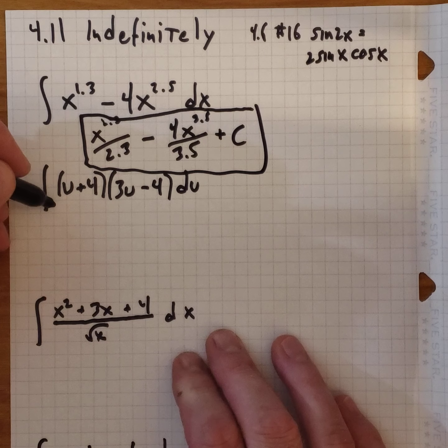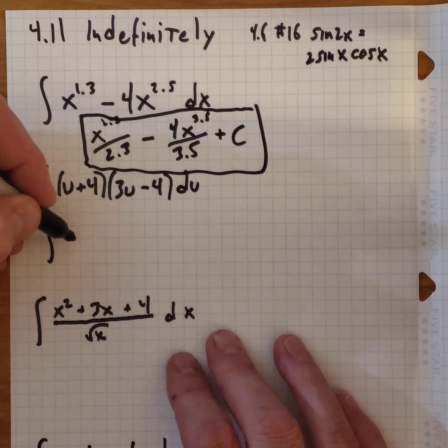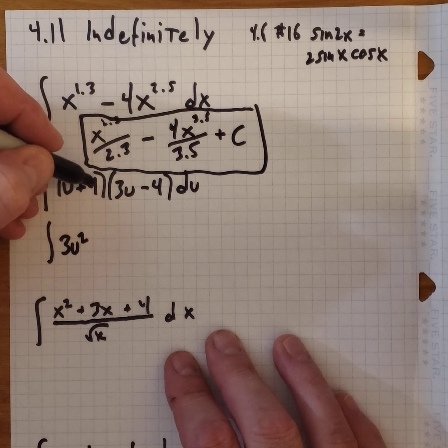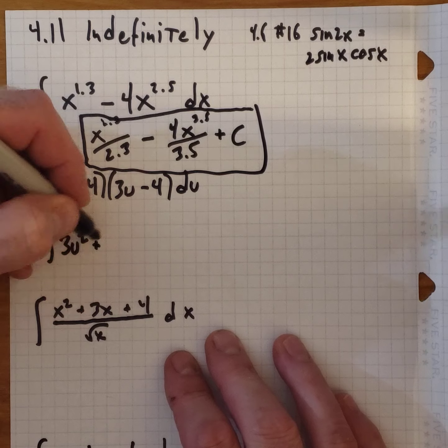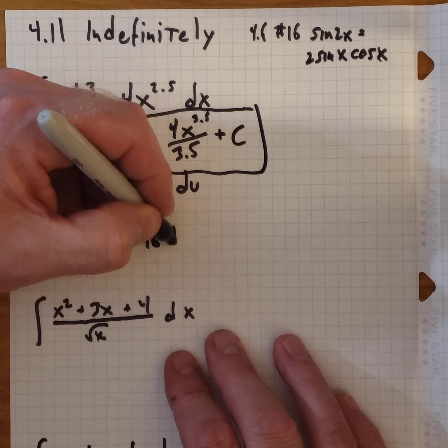If you've got something that's more complicated than just a polynomial or a simple trigonometric expression, you've got to simplify it first. So we get 3u squared plus 12u minus 4u would be plus 8u and then minus 16.